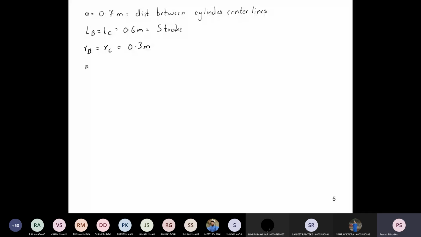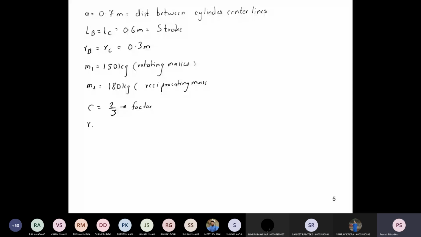Right. M1 is 150 kgs, that is the rotating masses. M2 is 180 kgs, those are the reciprocating masses. And 2/3 of the reciprocating masses are to be balanced. So this is the factor which gives you how much of the reciprocating masses is to be balanced. Okay, so C is 2/3.